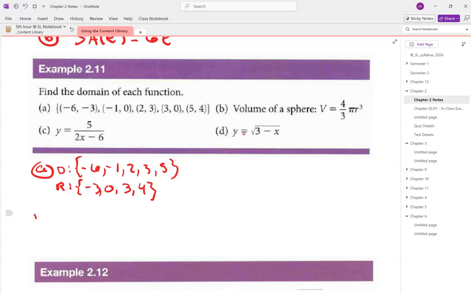Okay. B, it says the volume of a sphere, V, is 4/3 pi r cubed. So the domain is referencing which variable, r or v? Nope. R, because it should be the independent variable, right? Volume depends on radius. So what are the acceptable values for the radius of a sphere?